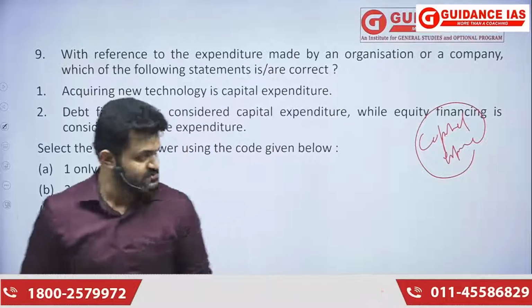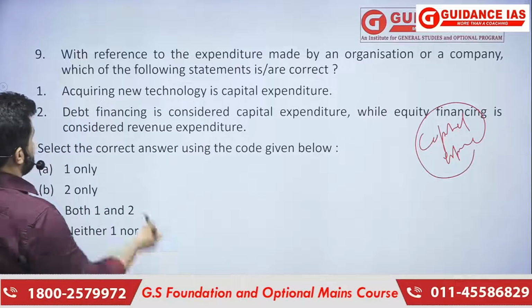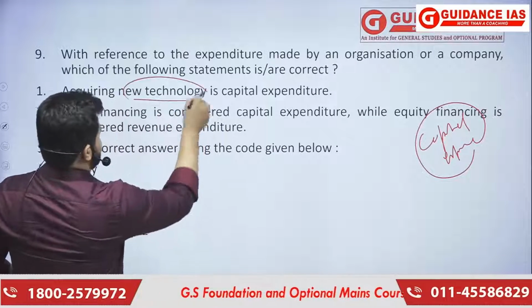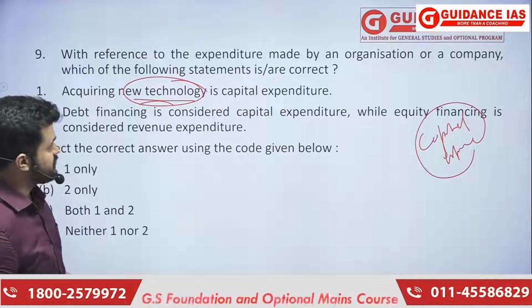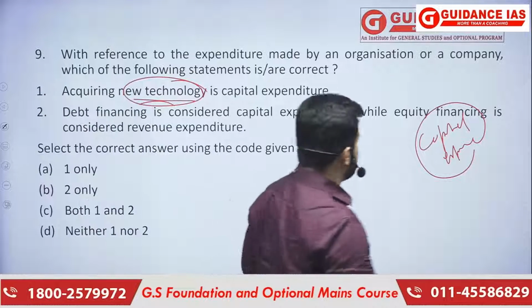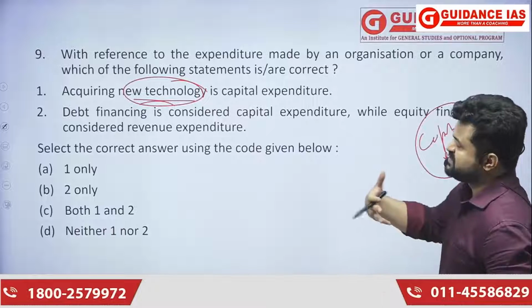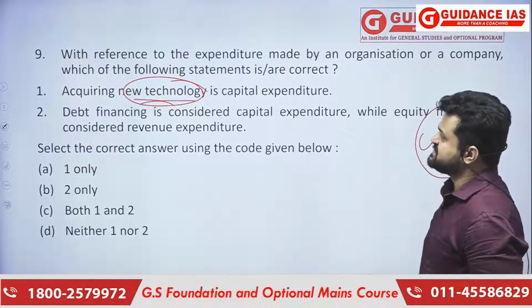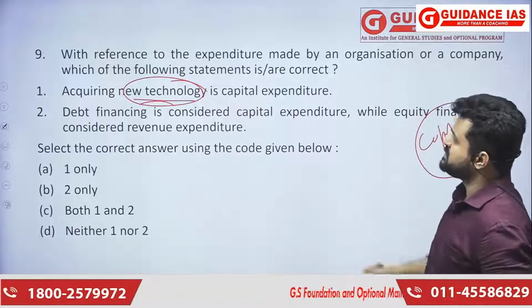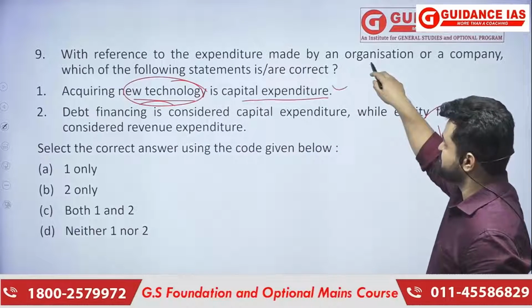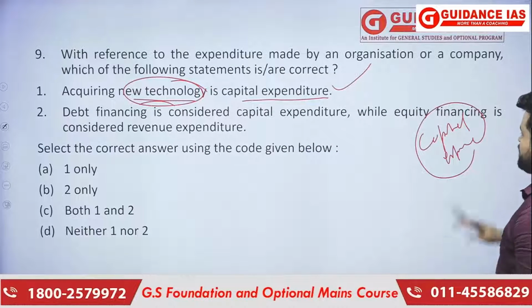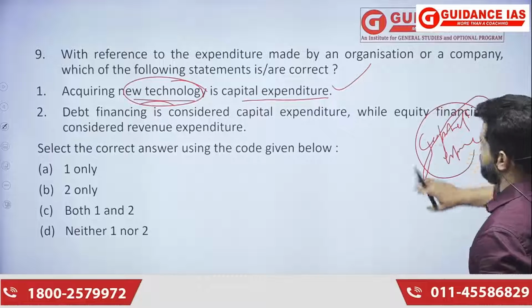Acquiring new technology is definitely going to increase the productive capacity, and it will lead to the addition of assets and will increase the future returns, so it is definitely capital expenditure. In that case, it will be a true statement. So that statement is correct.